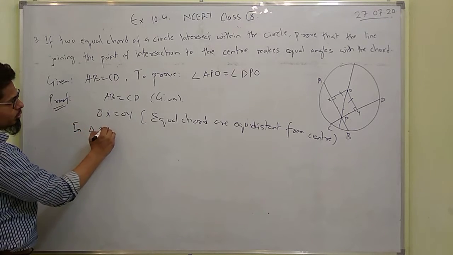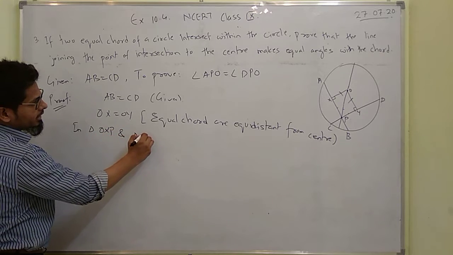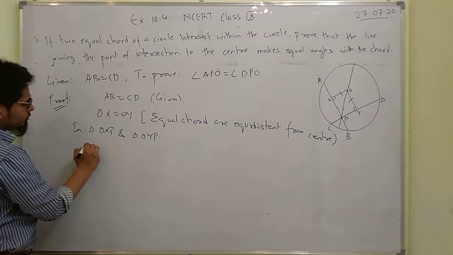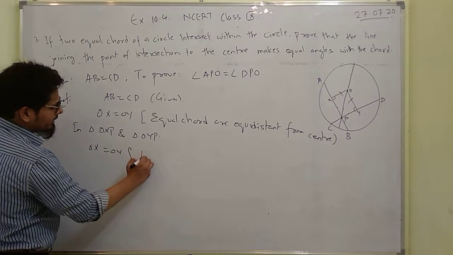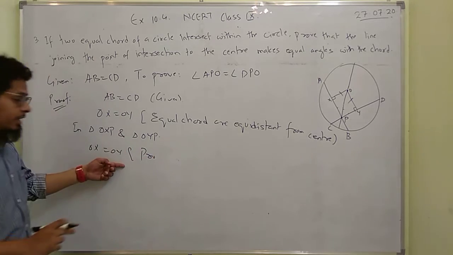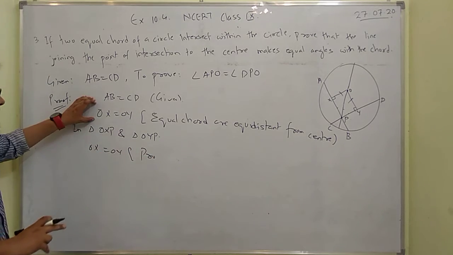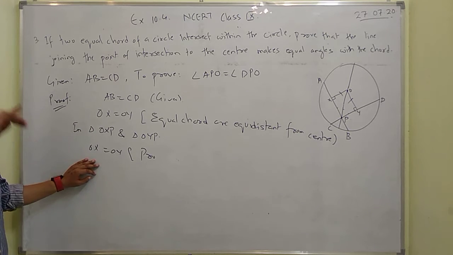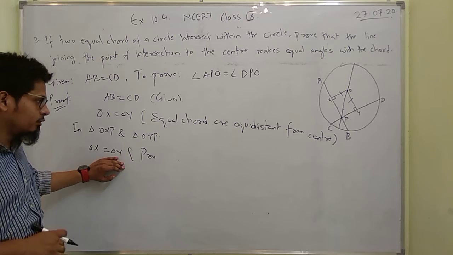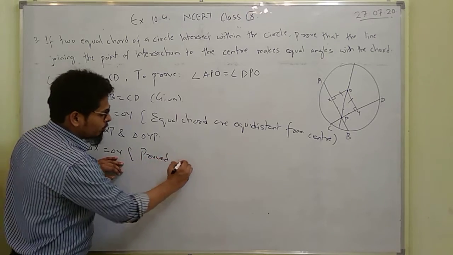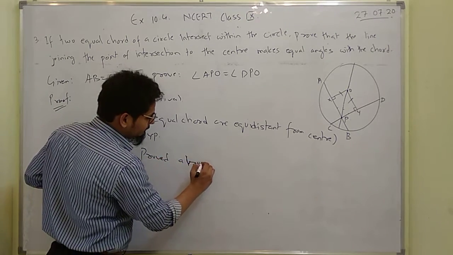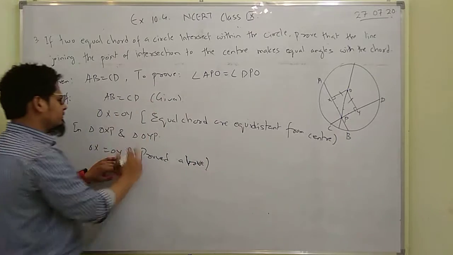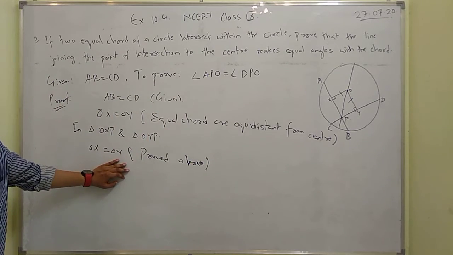In triangle OXP and triangle OYP, you write here OX equal to OY. You have to write it again; don't think that since I wrote it once I need not write it again. There is a need to write this again. Okay, and write it here: proved above. In the first part, as mentioned above, we have proved OX equal to OY.